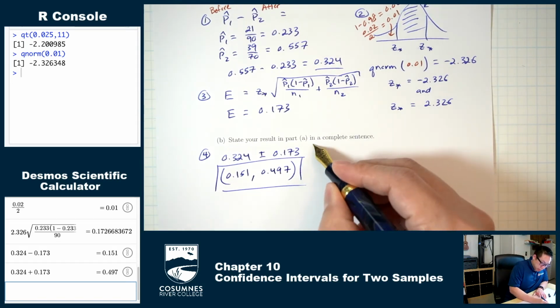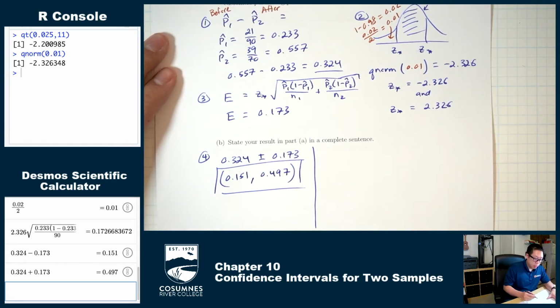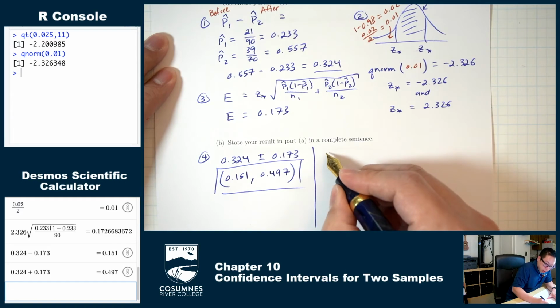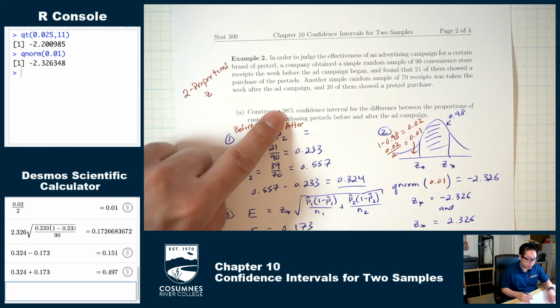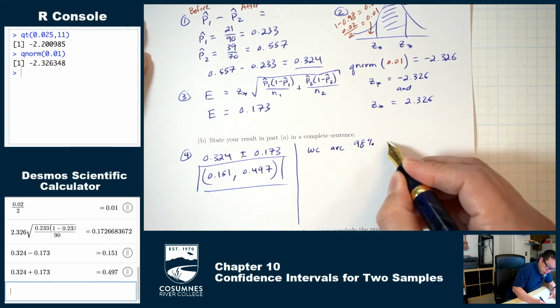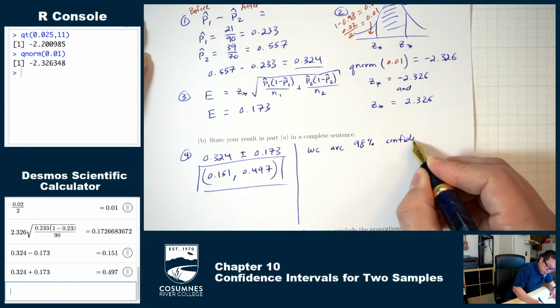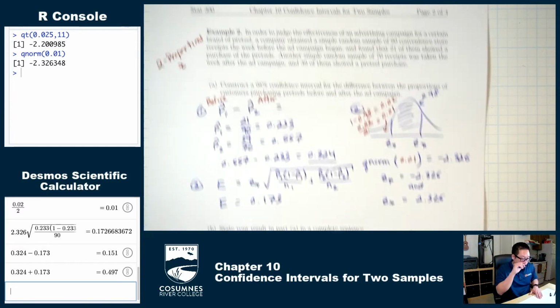Part B, state your result in part A in a complete sentence. So same sentence as we always write. We state our confidence level. We are 98% confident that, what are we talking about here?